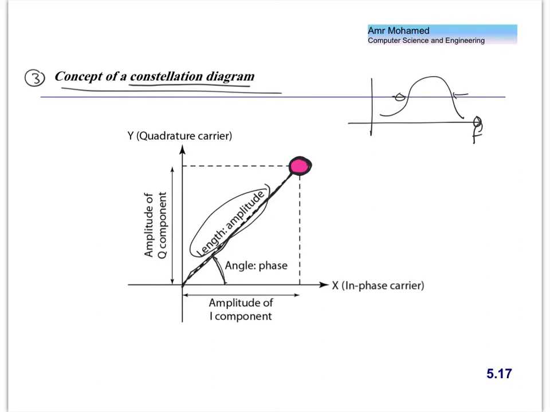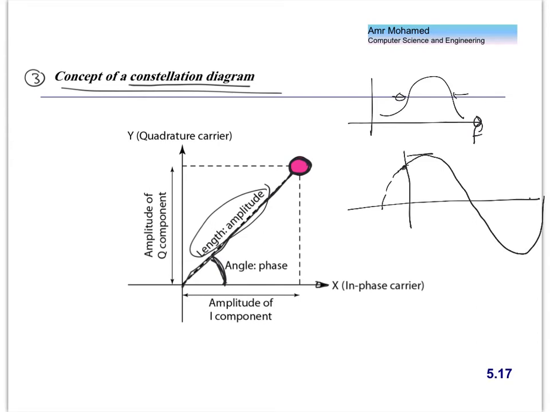And the angle of this vector, of this point from the x-axis, represents the phase of the sine wave. So let's take an example. If we have a sine wave that looks like this, here we have a sine wave that looks like this, right?